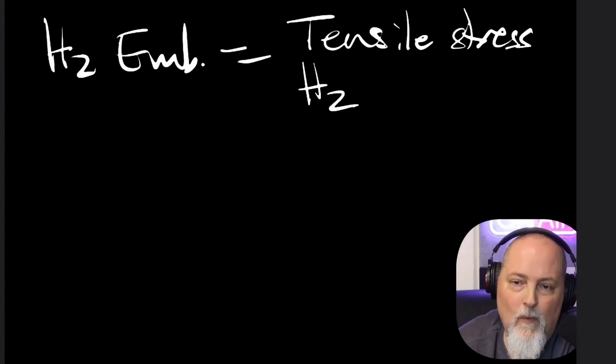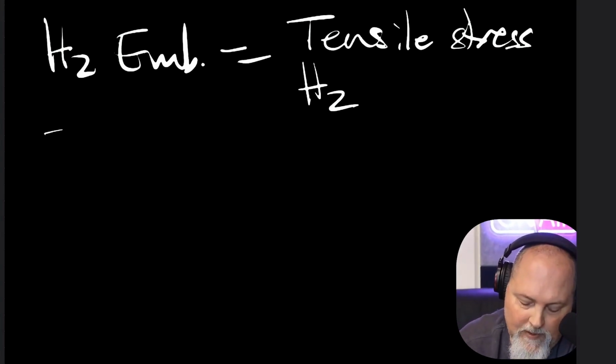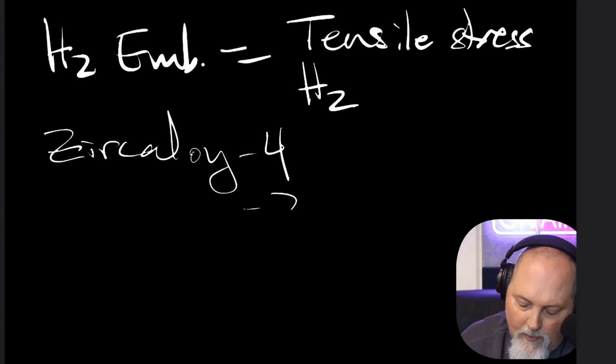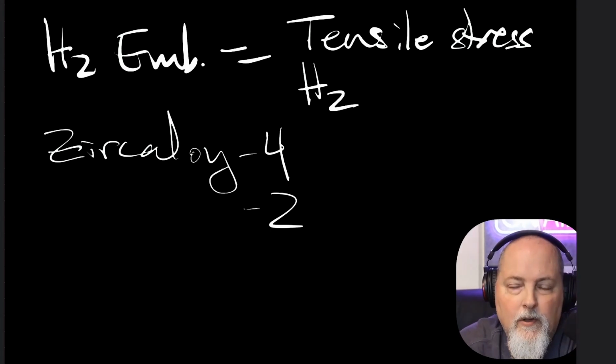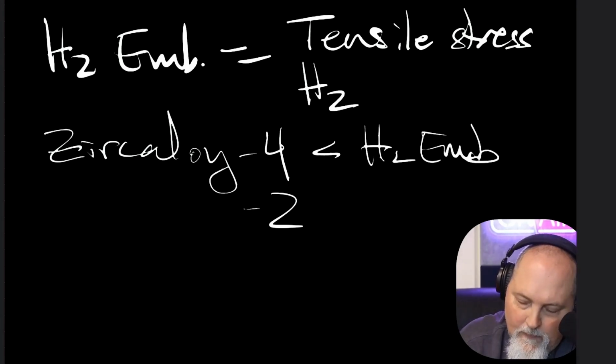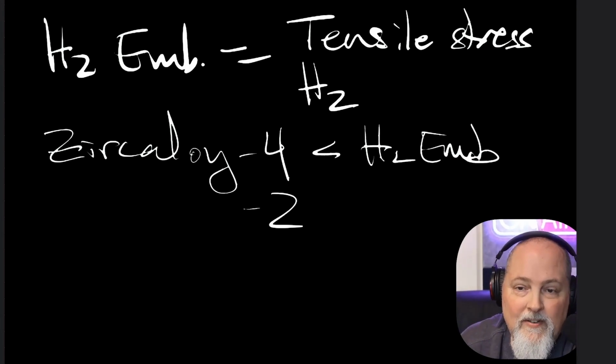Zircaloy 4, there's different zircaloys. There's zircaloy 4, there's zircaloy 2. Zircaloy 4 is less susceptible to hydrogen embrittlement because it contains less nickel.